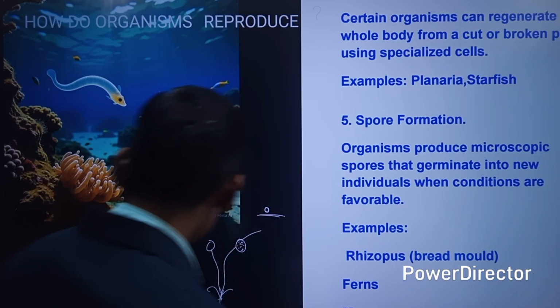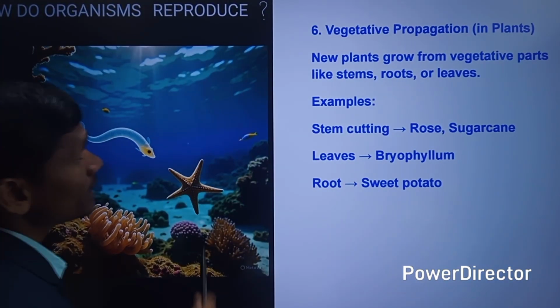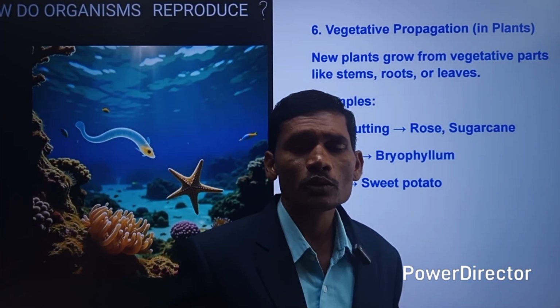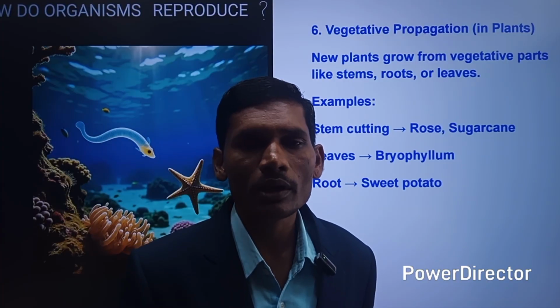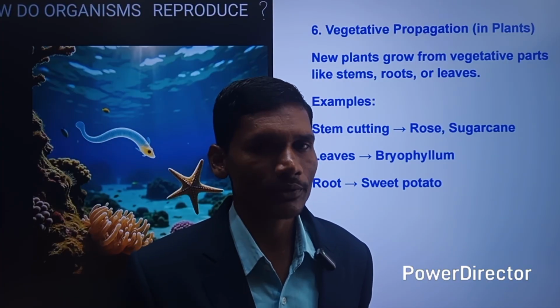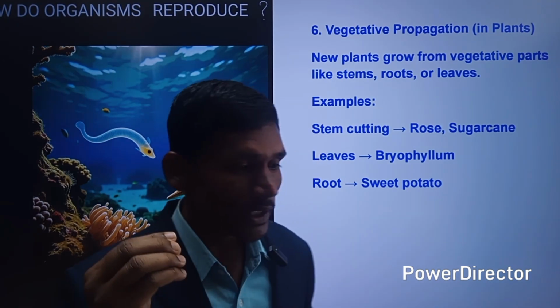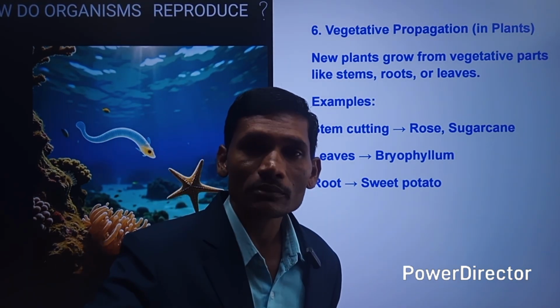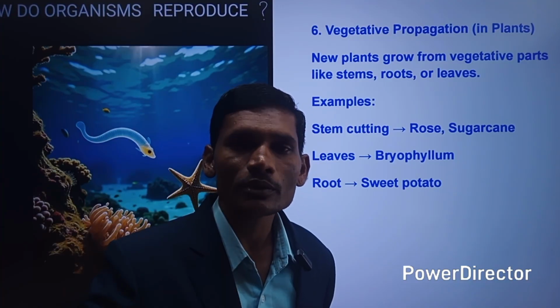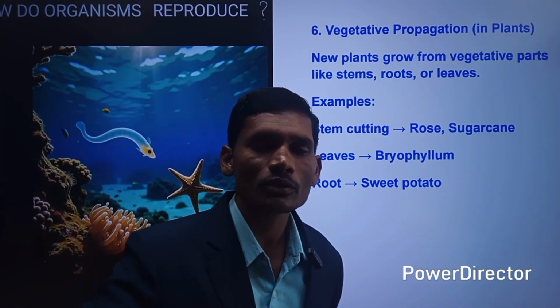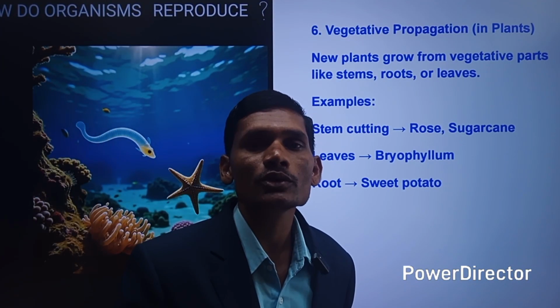Next, coming to one more method, that is vegetative propagation. Vegetative propagation means very simple. In plants, we usually find these parts: a stem, root, leaves. These are common, right? Each part, if you cut the stem, the stem grows into a new plant. If you cut the leaf, it grows into the next individual plant.